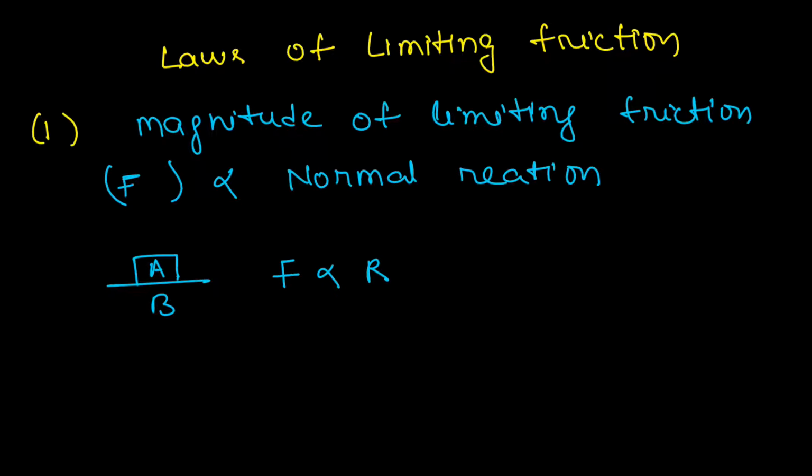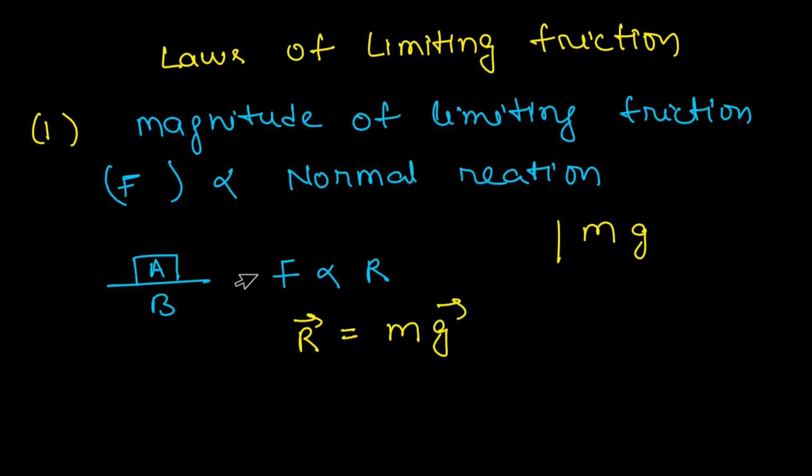Now let's say m is the mass of body A, and the weight mg will act on body B, and a reaction force will act on body A by body B, and this reaction force is called normal reaction. So in general cases, normal reaction is equal to the weight of the body.